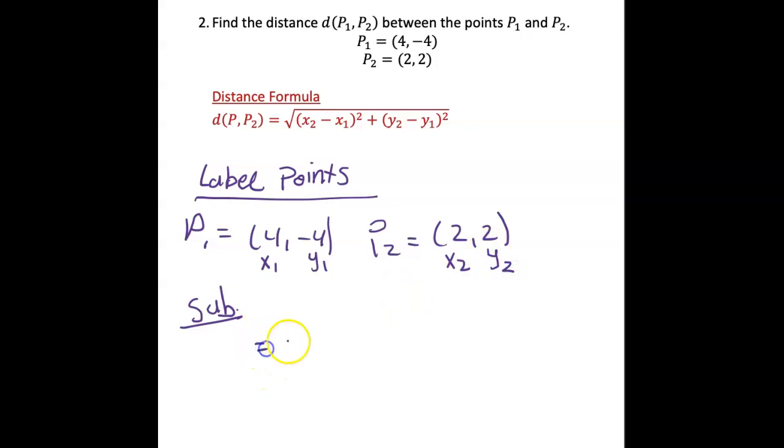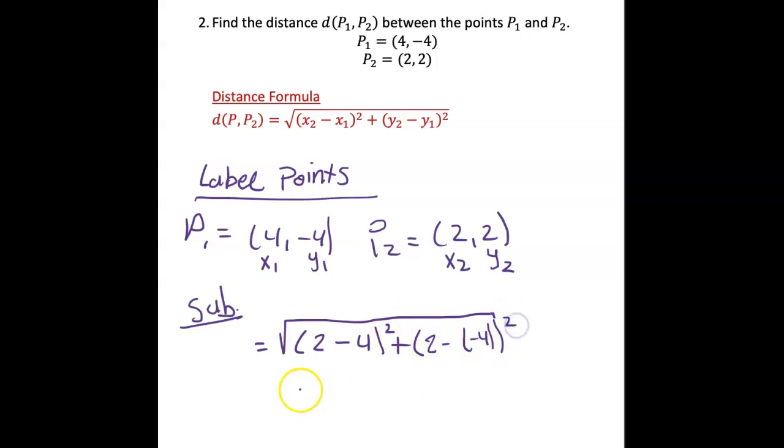So I have the square root of (x2, which is 2, minus x1) squared, plus 2 minus, ooh, making a mistake there. Let's rewrite that. That does not look like it's supposed to. So yeah, you definitely don't want to rush through any of these things. As you can see, it's easy to make a mistake, and you don't want to make a mistake.